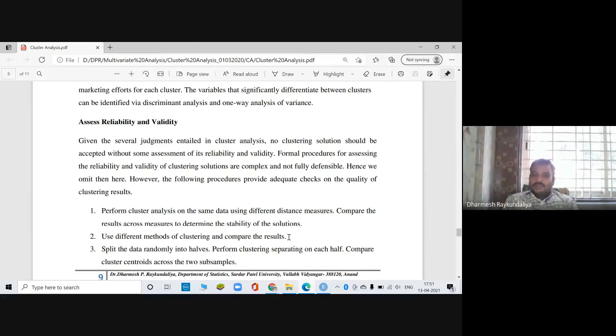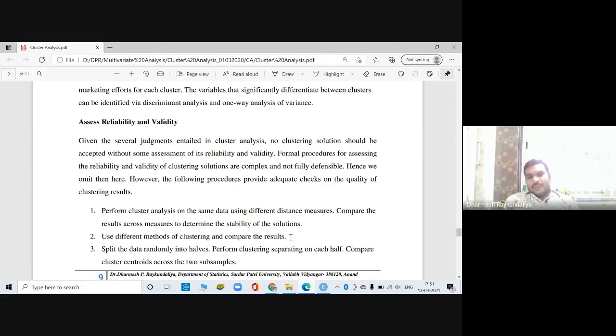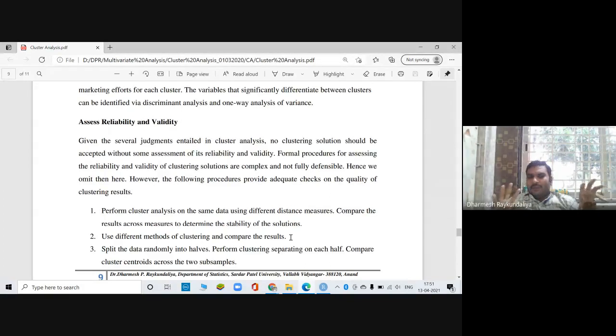Use different methods of comparing. You can take the single linkage, you can take the complete linkage. So don't just stick with one method and give the solution. Try to use various methods and see, if I am using a different method, is there any change in the clustering solution? If it changes, how much have the clusters changed? That you can also perform.